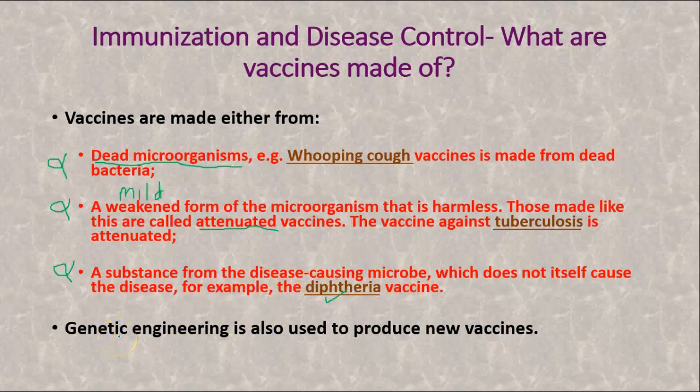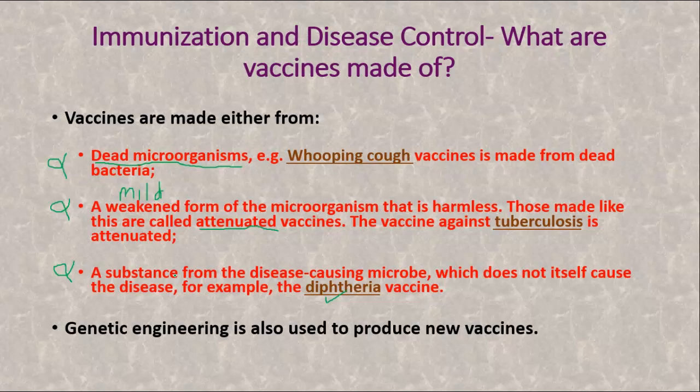Genetic engineering is also used to produce new vaccines. For instance, a gene from one organism can be incorporated into the DNA of another, and that can be used to produce new vaccines that can be incorporated into humans to provide artificial immunity.